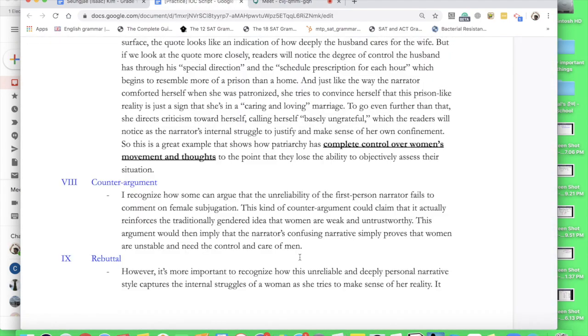And a potential counter argument to what I said is that the unreliable and limited first person narrator does not show female subjugation very directly. Another counter argument is that this can also prove that women are untrustworthy, weak, and without the support of men, the woman won't be able to survive.